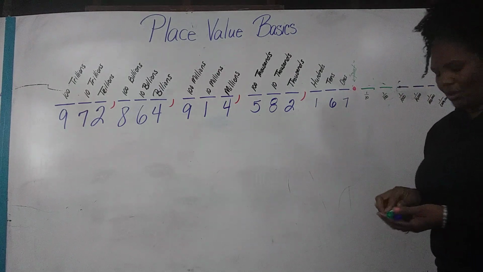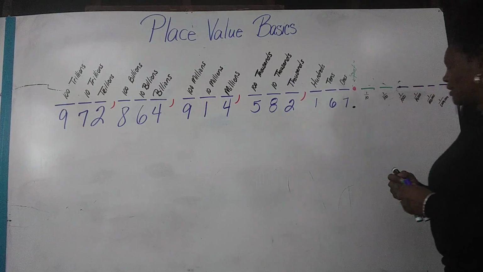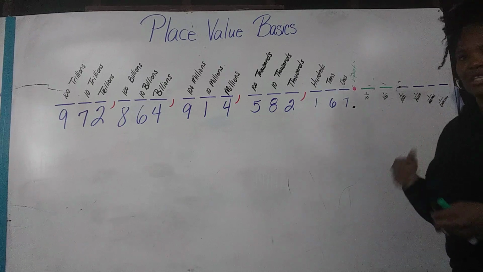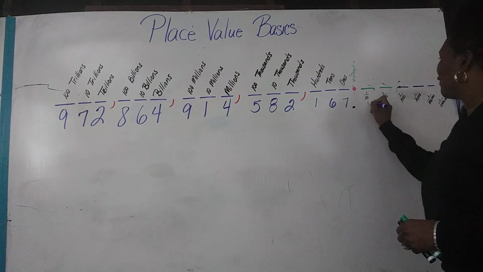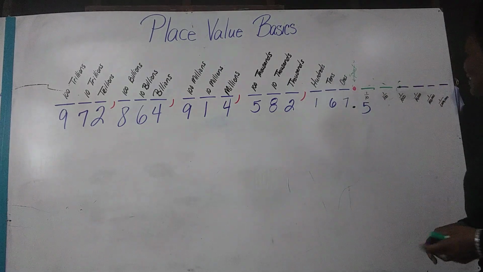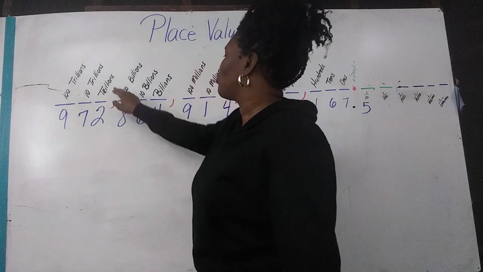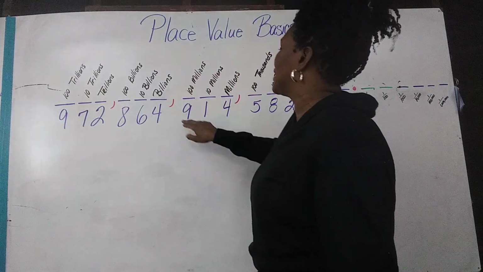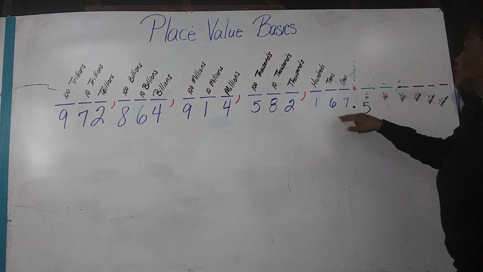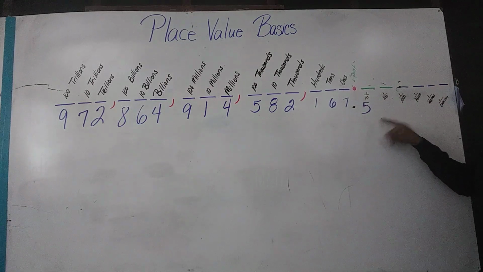So you'll know how to read a decimal number. Alright? We got our decimal. Oh, I'm going to need some water after this. I'm going to put a 5. There's 2 ways I can read this number. I can read it like 972,864,914,582,167.5.